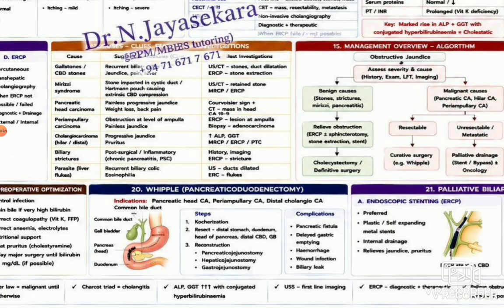Complications. Major complications include pancreatic fistula, delayed gastric emptying, bile leak, hemorrhage and infection. Students often fear Whipple surgery, but remember the logic. All these structures are closely attached anatomically, so they are removed together as one surgical block.